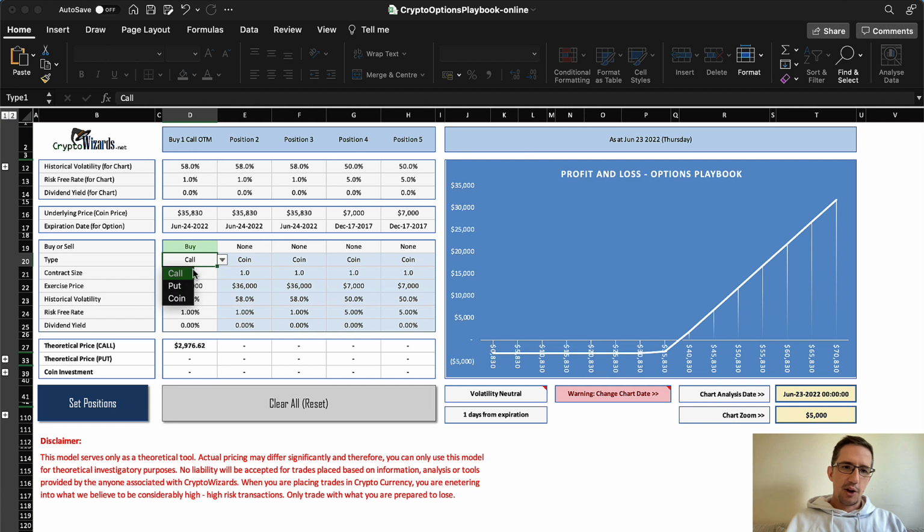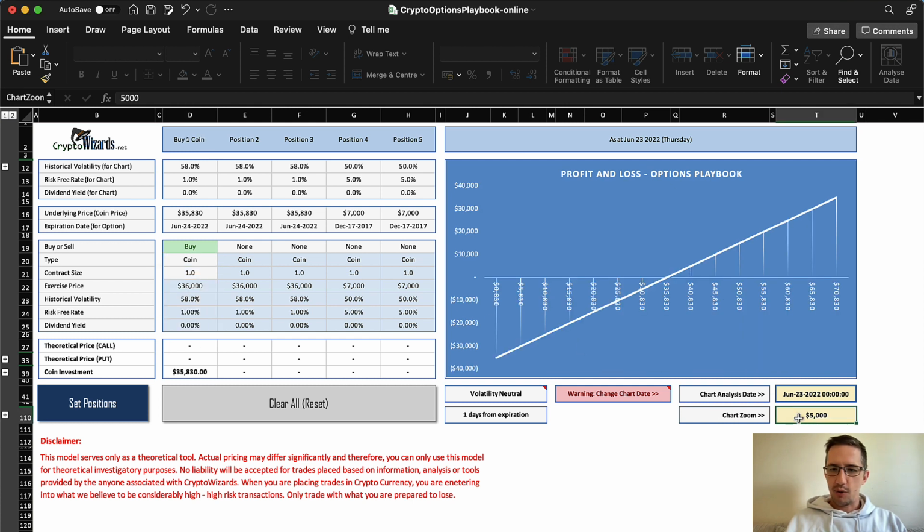Now, let's actually just go back here and zoom in to our chart. So I'm going to zoom into this point here where it crosses the 0 line. So 35,830, which is the current price. That is the mark of where I make and lose money. If I buy at that price, $1 over that, I make $1. $1 under that, I lose $1, right? All right, bear that in mind.